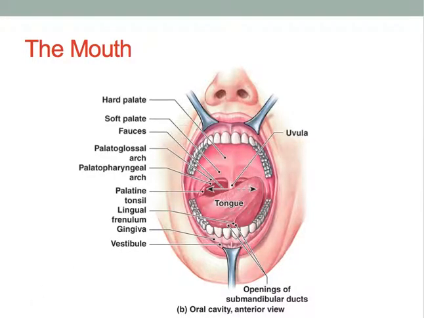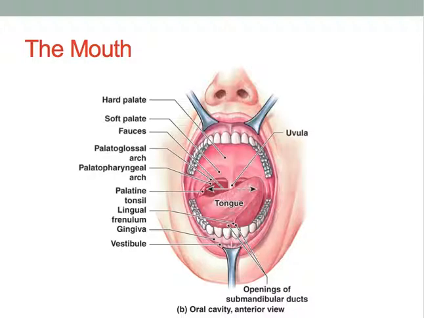In the mouth, there's also limited digestion of both carbohydrates and lipids. And this is mostly from the salivary glands. So those salivary glands secrete into the oral cavity. That's the mouth. And they have different properties.